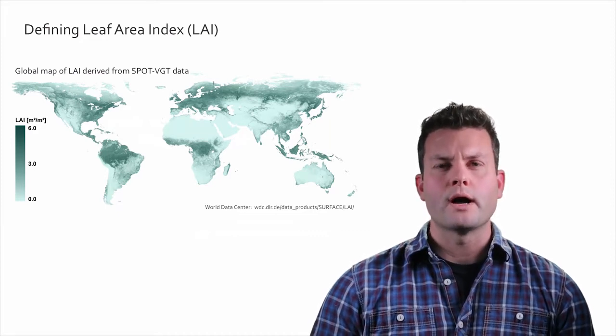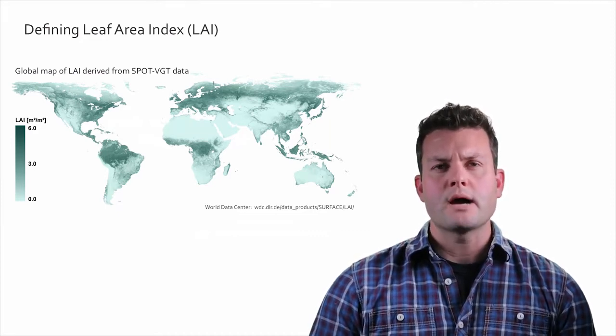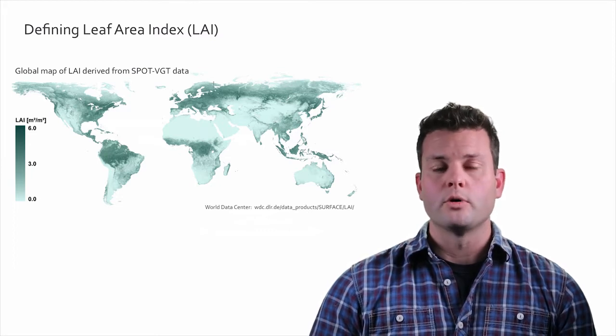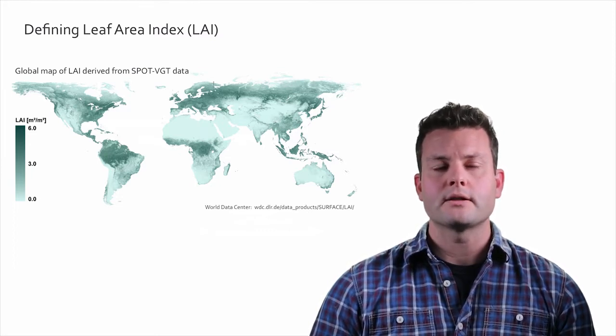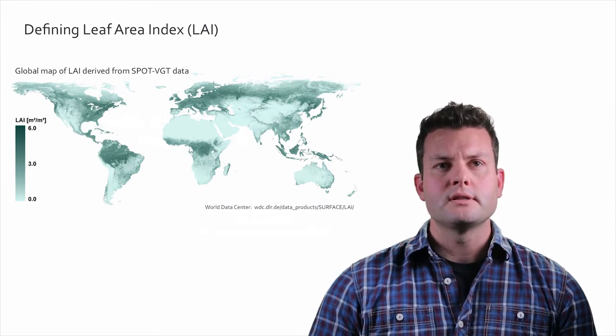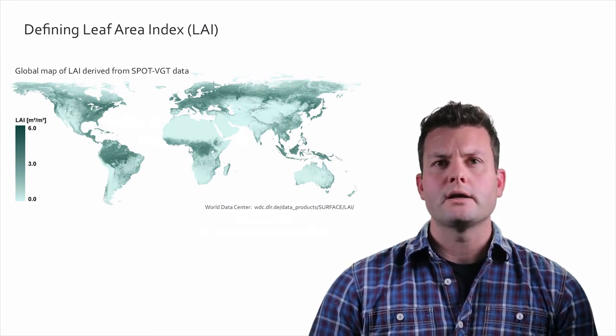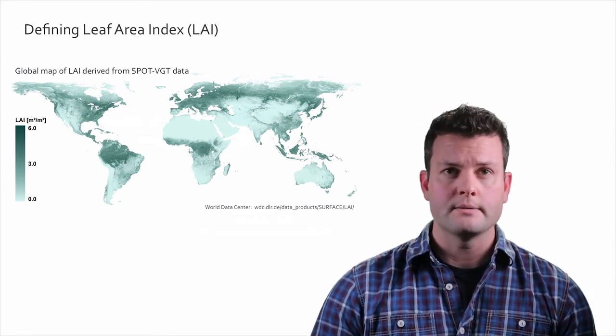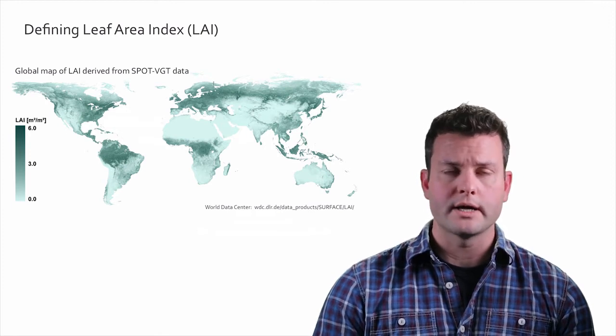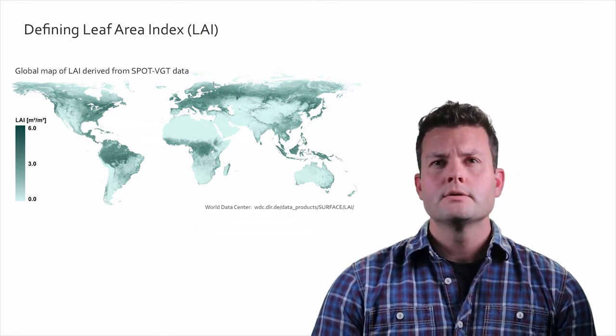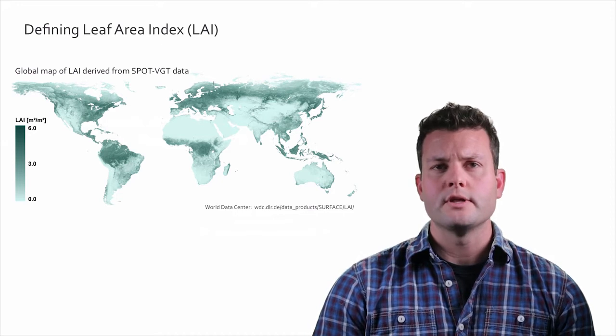So for example, I've shown a map of global LAI that was derived from some satellite data. And you can see that high LAI areas are represented by dark green areas, whereas low LAI areas are light green. So for example, focus on the tropics around the equator.